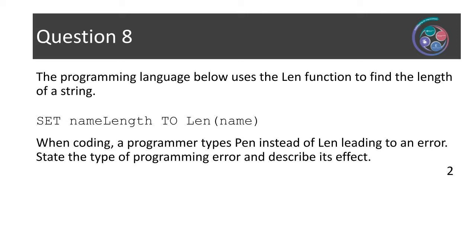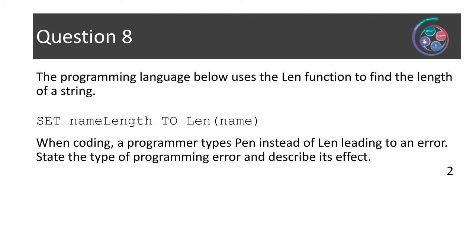When coding, a programmer types pen instead of len. So we can see there the programmer has made a typing error as they've entered the programming code. We need to state the type of programming error by identifying it from the question description and then describe the effect it will have. This is a 2-mark question. We want to keep our answer nice and focused and tight.